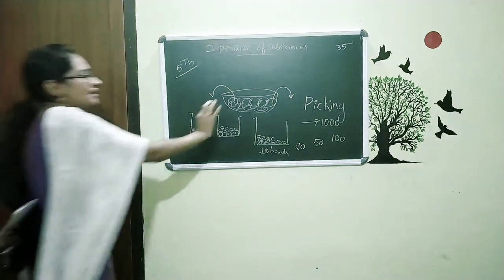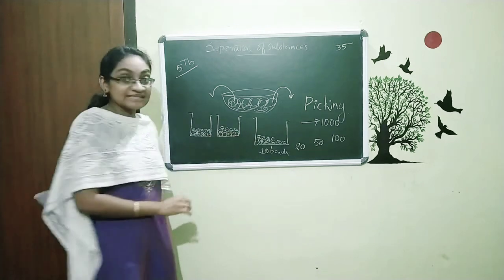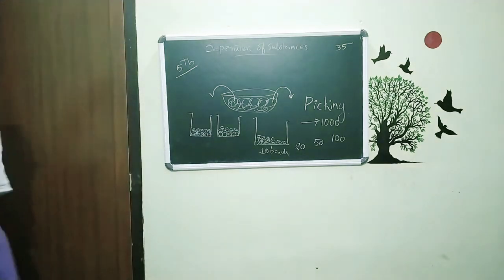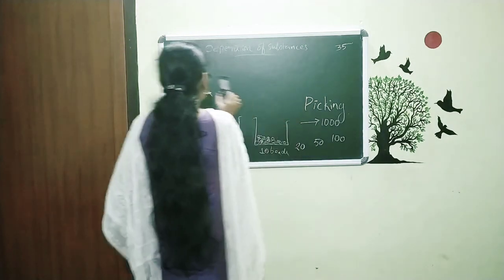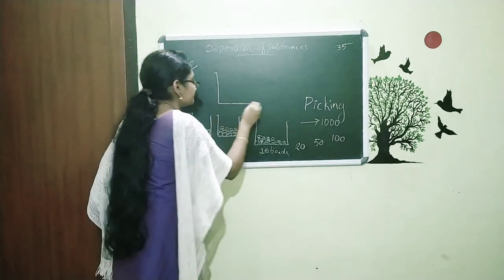So this is a simple example. Now again I am reducing the size of the particles. That means I am taking a beaker and mixing sand and salt.